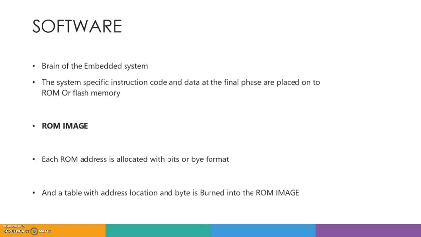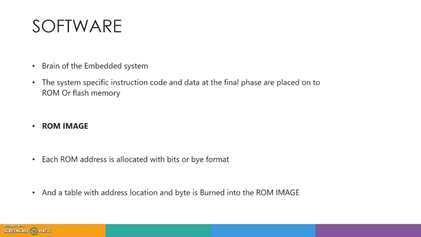So what is software, the software that we use in an embedded system? We all know that embedded systems are application specific, so they will be performing a specific task or application. For this case, we are using application specific software. We can say that the hardware is the heart of an embedded system and the software is the brain.